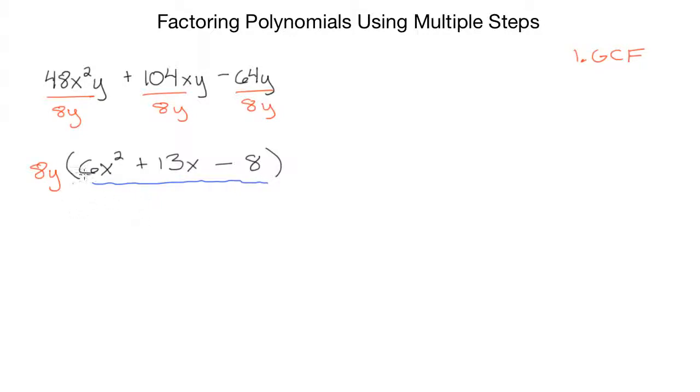Well, I've got a trinomial, 6x squared plus 13x minus 8. So with a trinomial and my coefficients, A is 6, B is 13, and C is negative 8. So I need to use all three coefficients and actually use my factoring techniques.